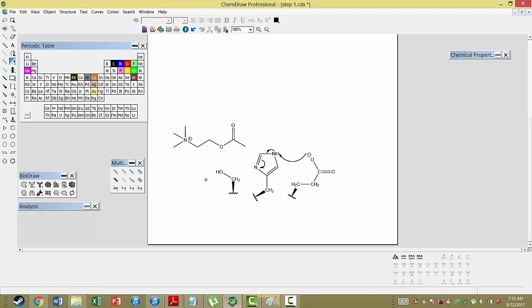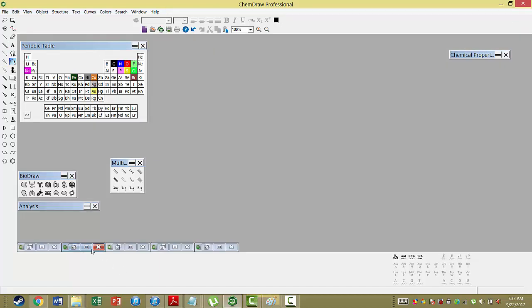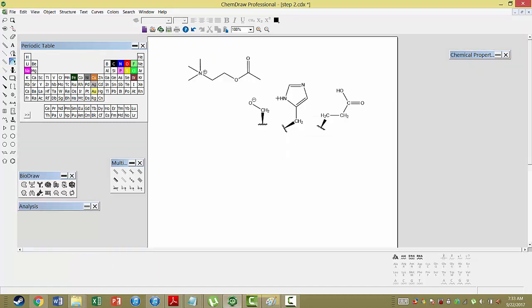In fact, it'll grab it with much better affinity than this oxygen here will. And so what you'll end up with is this, right? So this hydrogen has been successfully grabbed by this nitrogen. Now this oxygen has a nice negative charge here, which is what we wanted.